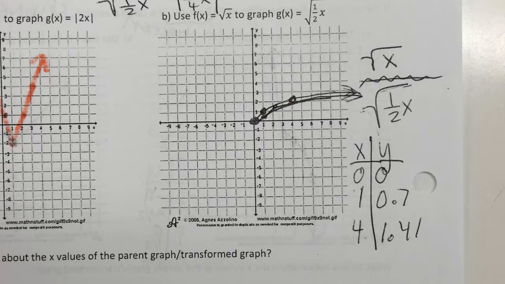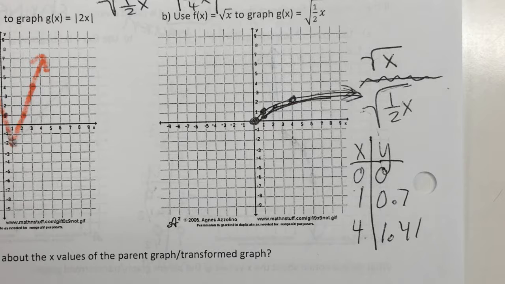Y equals. Type in absolute value 2x. Click math. Go over to number. Enter. No, go back to absolute value, number, there it is. 2, and then click your x.